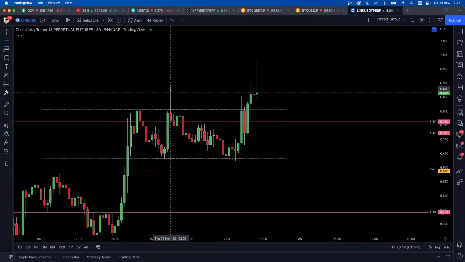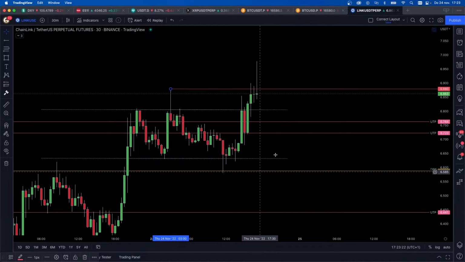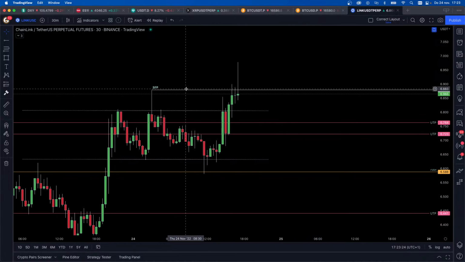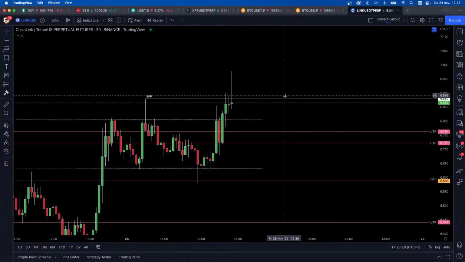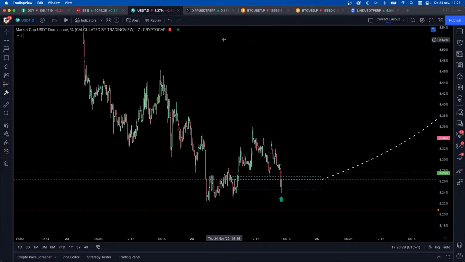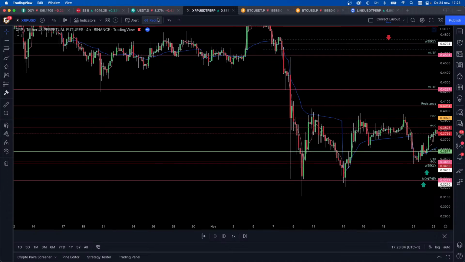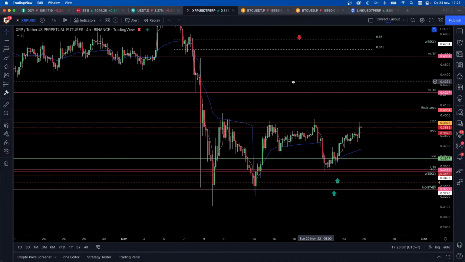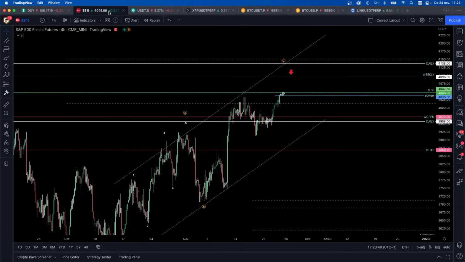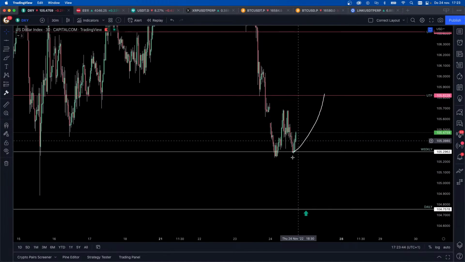I had this like SFP, but yeah, so the dollar is beautifully bouncing from that weekly.